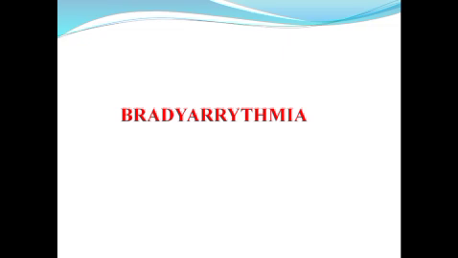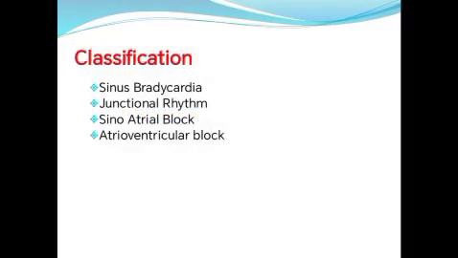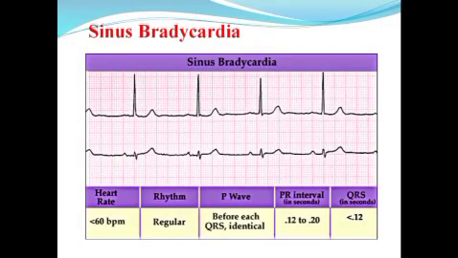Now we can talk about bradyarrhythmia in a very quick way. We have sinus bradycardia or junctional rhythm, and we have sinoatrial block and atrioventricular or AV block. These are four categories. What occurs in sinus bradycardia?